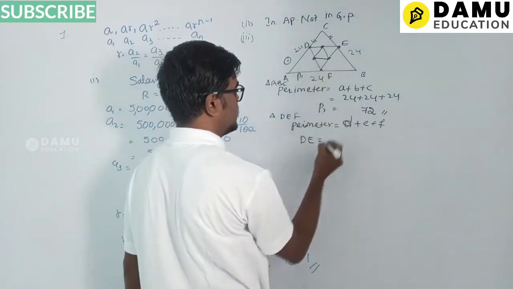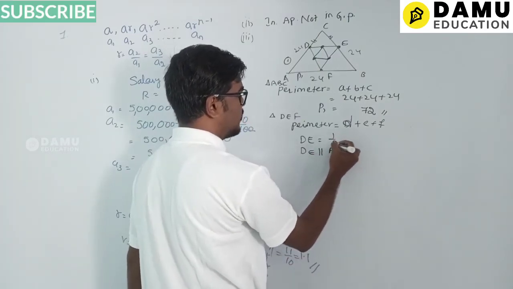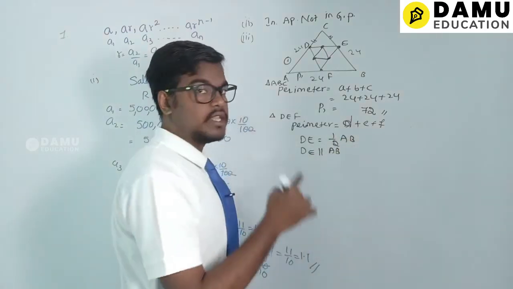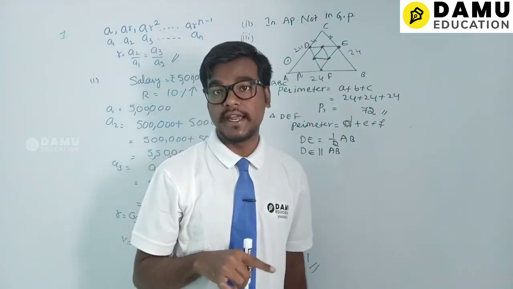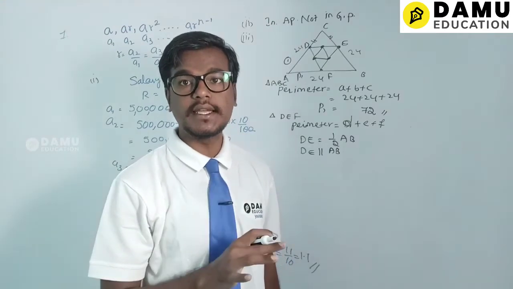DE is parallel to AB, so DE is half of AB. The equilateral triangle condition we should not forget: all the sides are equal.